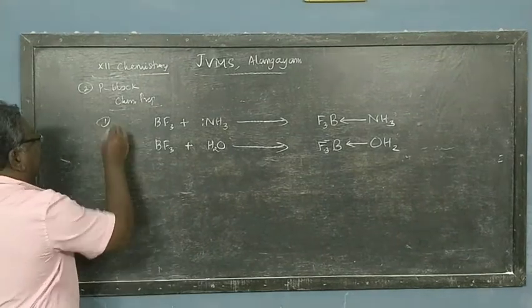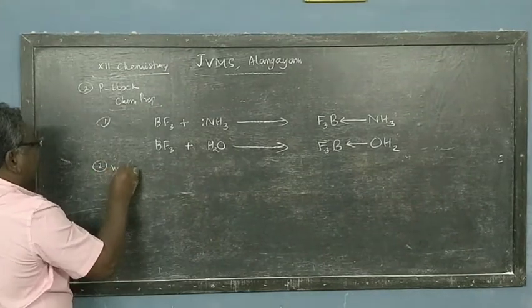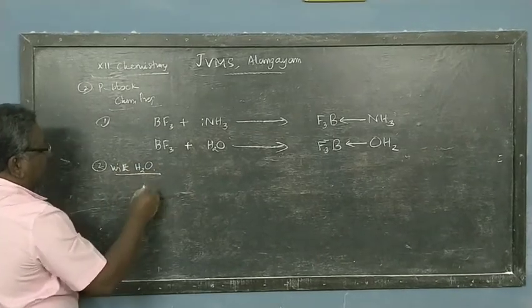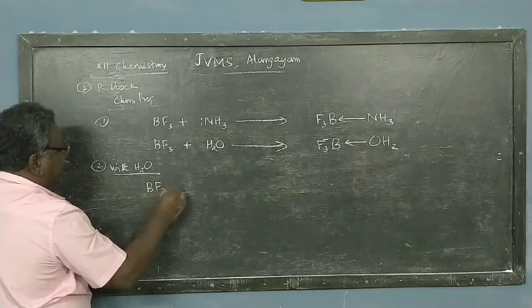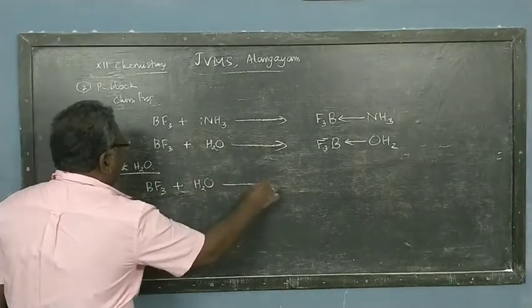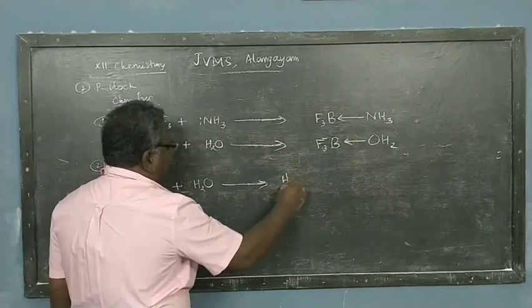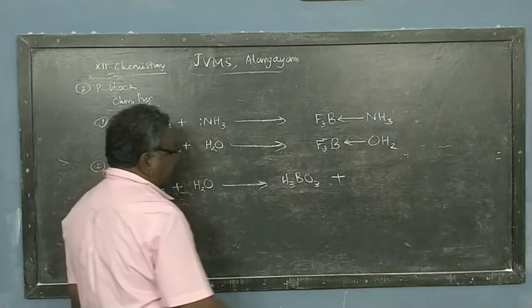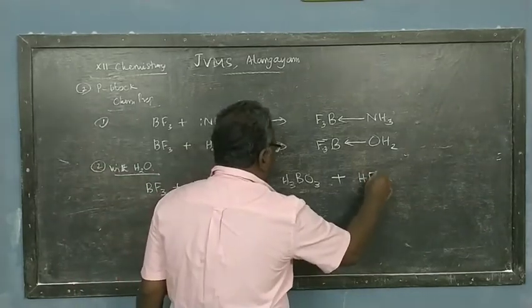This is the first reaction. Then the second reaction is with boiling water, right? So boron trifluoride, when boiled with water, forms boric acid, along with that it forms hydrofluoric acid.